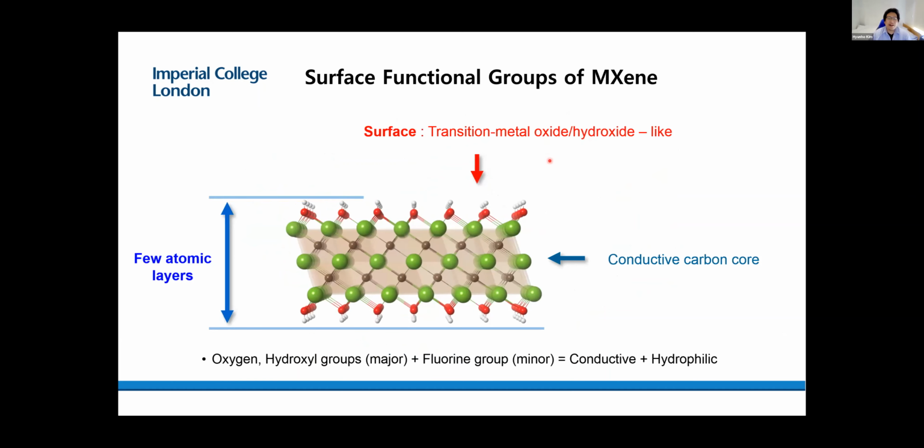So Ti3C2 MXene can be described as a combination of a conductive carbon core and also a transition metal oxide or hydroxide-like surface in their two-dimensional shape. So they can be conductive and hydrophilic at the same time. This makes them very unique over the graphene, graphene oxide, reduced graphene oxide family.